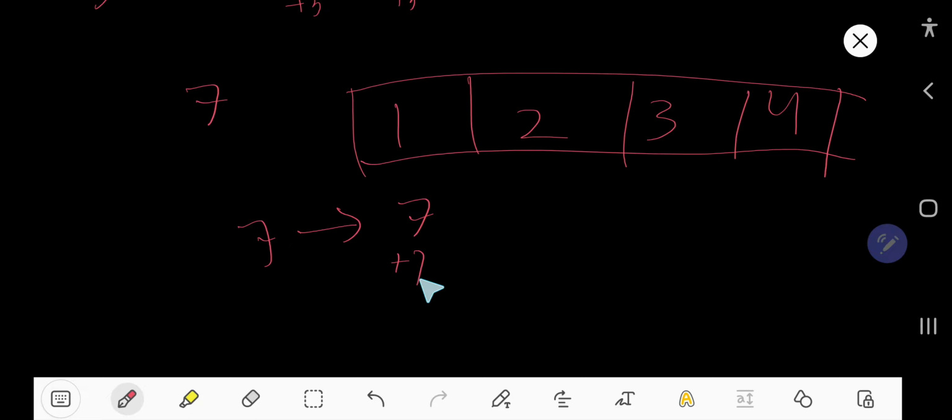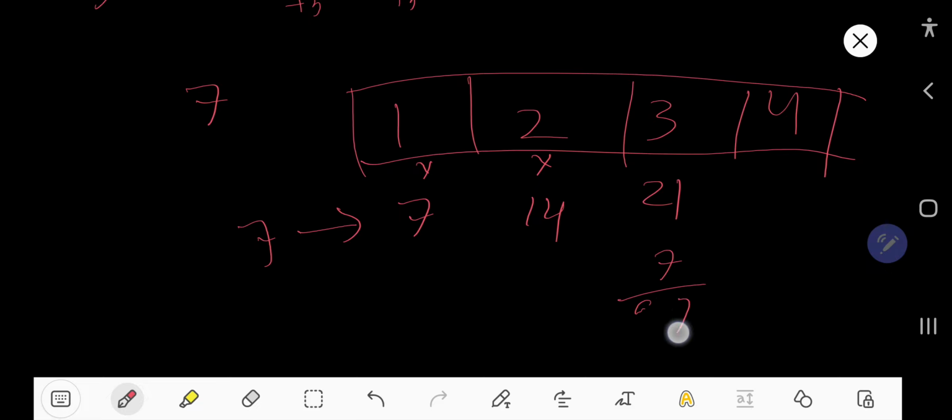Just add 7 with this 7, that is 14, right? 7 times 3 equals what? Just add 7. Look, 11, carry 1, that is 2, that is 21. Then 7 times 4 equals what? Just add 7.